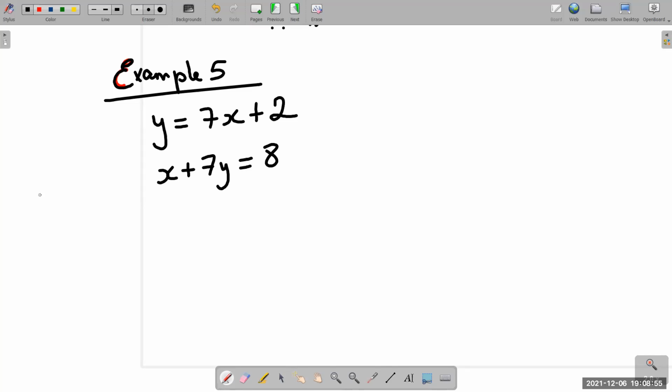Remember what I taught you. You can't touch the y yet if there's another thing on the end. Who needs to go first? No, the x. Because look at it, we want it to look like this: y equals mx plus c. The y is on the correct side, but who is on the wrong side? The x isn't supposed to be over here. So we cannot get rid of the 7 yet until we get rid of the extra stuff.